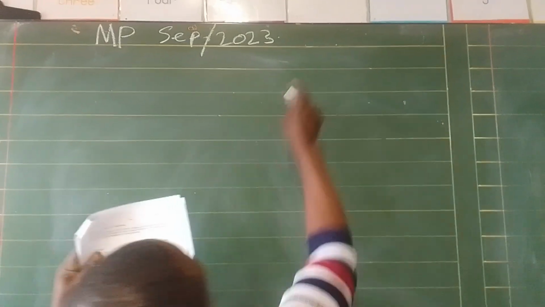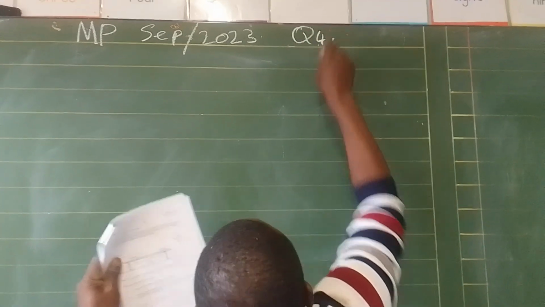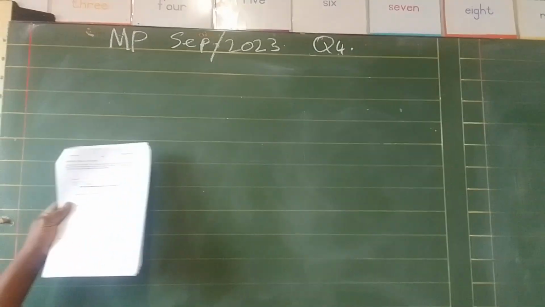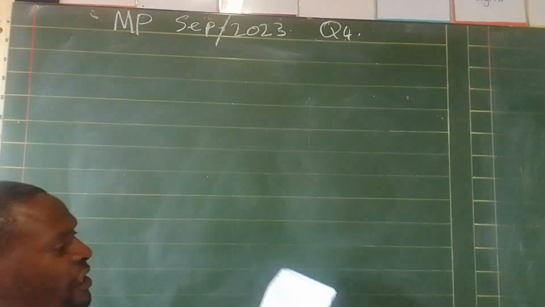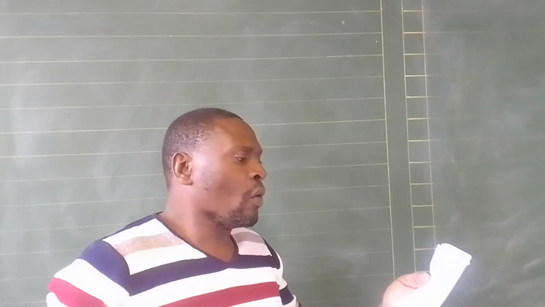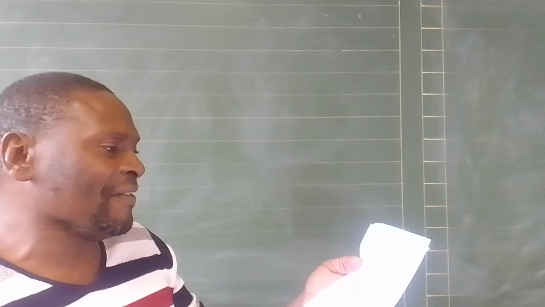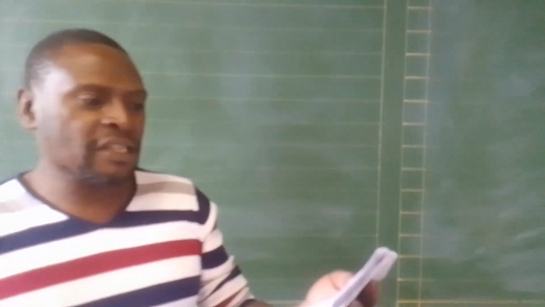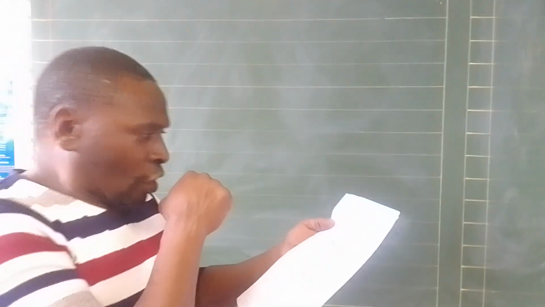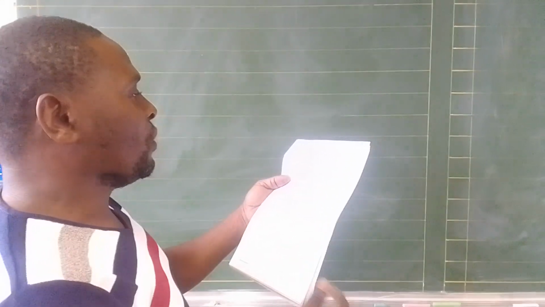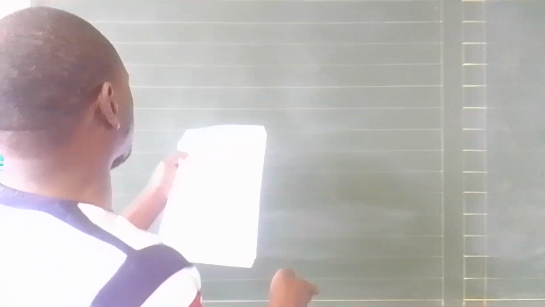The question is question four. The question reads as follows. A tennis ball with a mass of 115.5 grams strikes a stationary 8.45 kilogram block with a speed of 45 meters per second.